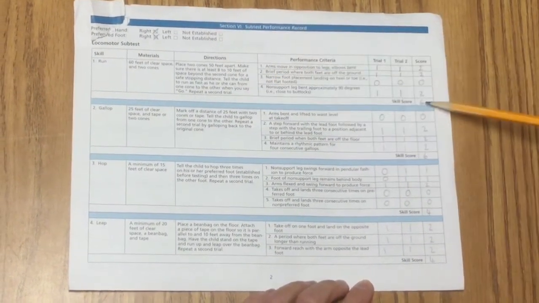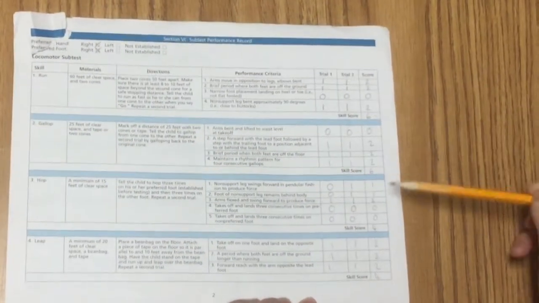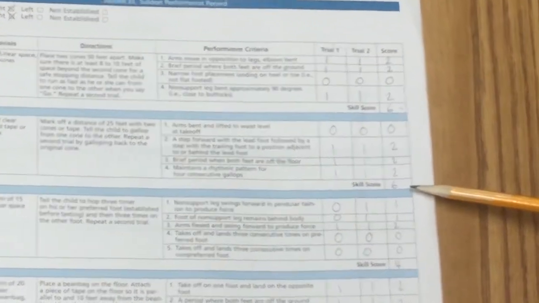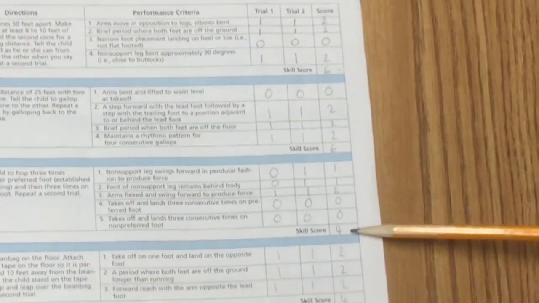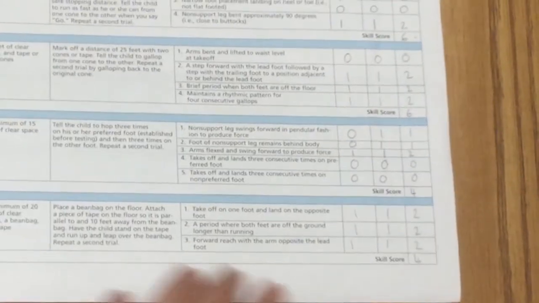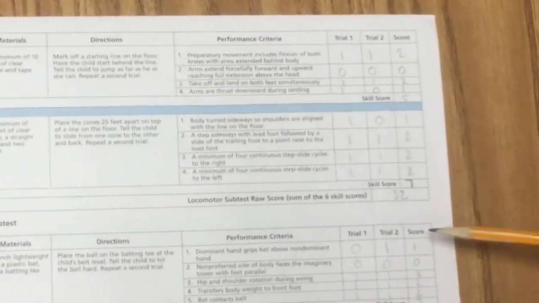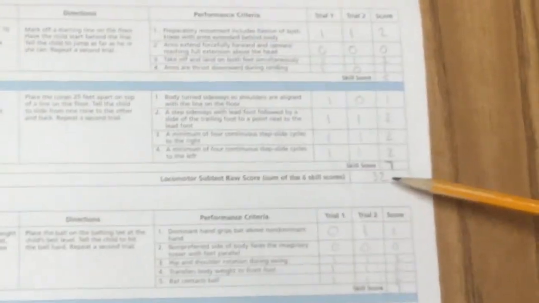Each skill gets a skill score. So he scored a 6 for running, a 6 for galloping, a 4 for hopping, and a 4 for leaping. Flip it over. 5 for a horizontal jump, and a 7 for sliding.